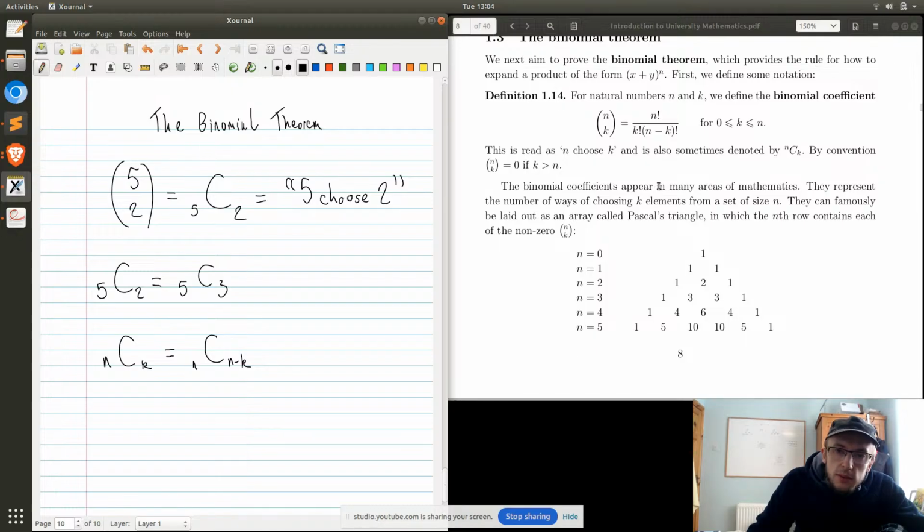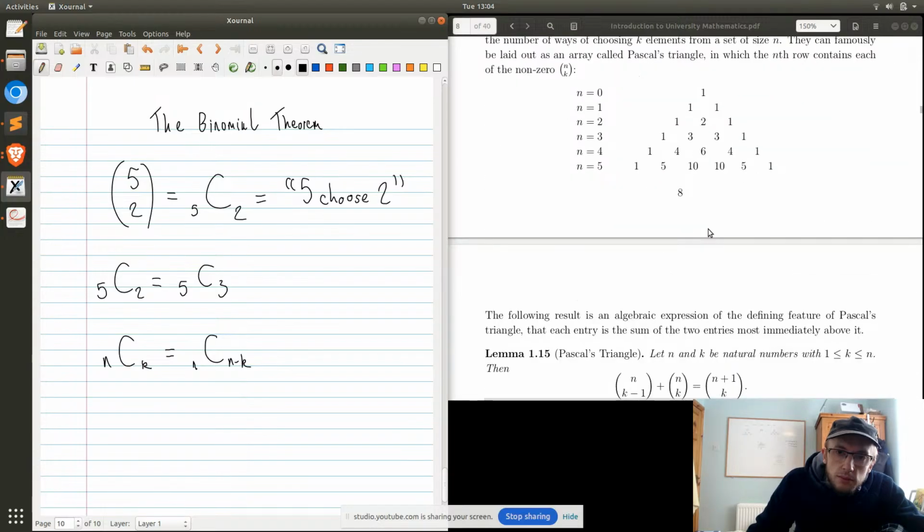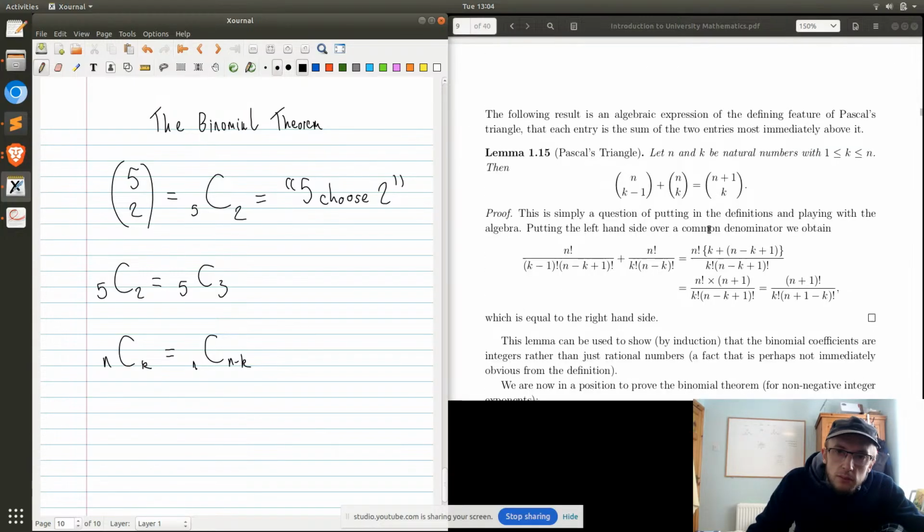Pascal's triangle. It's very famous, in which the nth row contains each of the non-zero n choose k. The following result is an algebraic expression of the defining feature of Pascal's triangle, that each entry is the sum of the 2 entries most immediately above it.